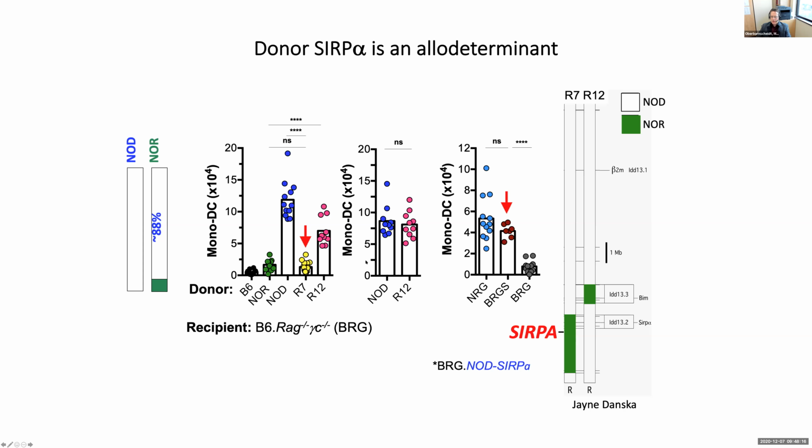Now, again, when we compared the bone marrow transplants of NOD and R12 within the same recipient, we could detect no significant difference between the responses to the allograft.